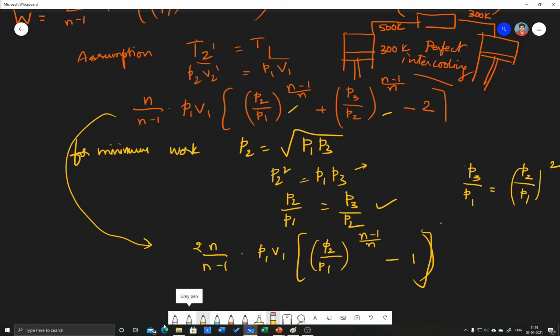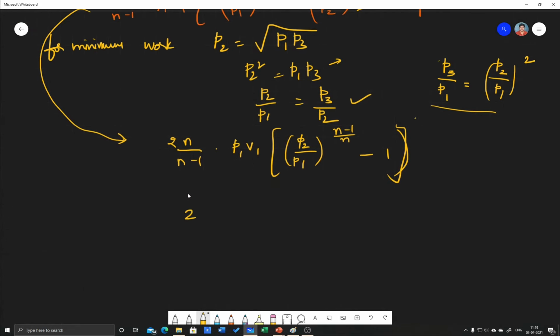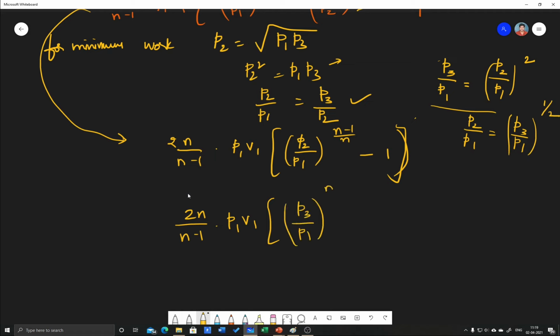From this, if you rewrite this expression again, it will become 2n by n minus 1 into P1 V1. So P2 by P1 will be equal to (P3 by P1) whole power 1 by 2. So (P3 by P1) whole power n minus 1 by 2n.